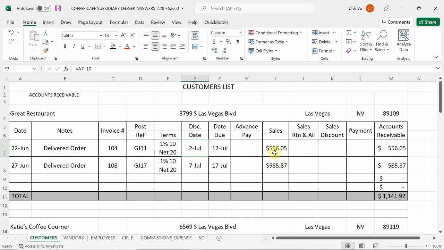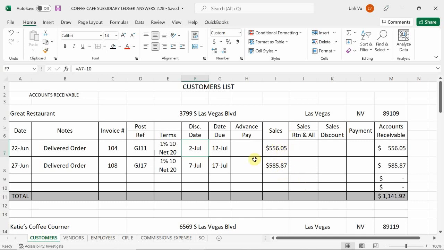So in this case, we cannot discount this entire amount because we charged him delivery charges. You can't discount that, right? It's a cost of being able to get the inventory to their store. It's a separate cost that they have to incur. So we can only discount for the total amount of sales.